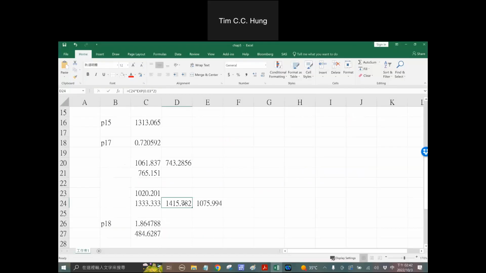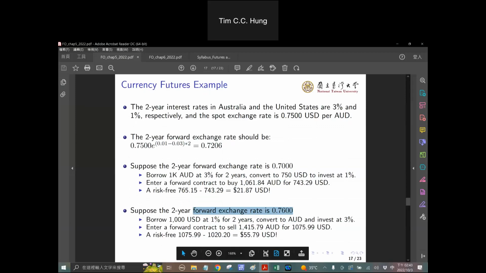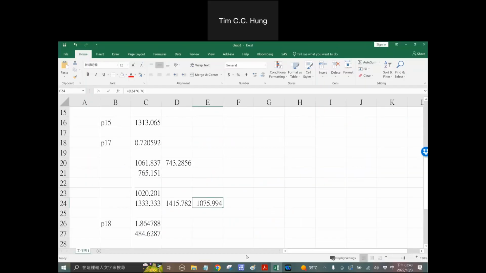We enter the position to buy US dollars using Australian dollars through this forward rate. Let's multiply this number by 0.76, the forward exchange rate, and we'll end up with 1,076 US dollars.